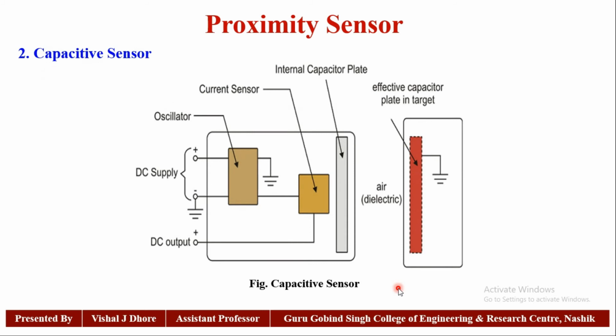Now the second is the capacitive sensor. A capacitive proximity sensor is a device actuated by both conductive and non-conductive material. The pair of plates of a capacitor is separated by some distance. Depending upon the separation, the measured capacitance will change.